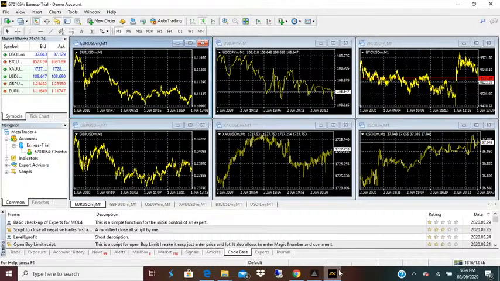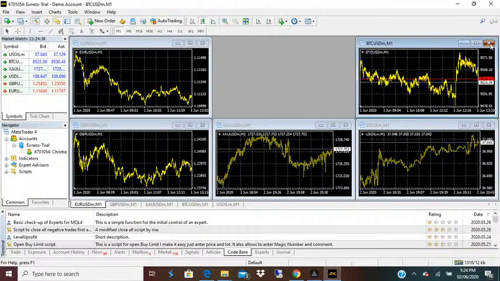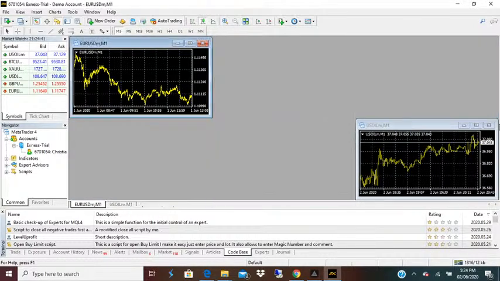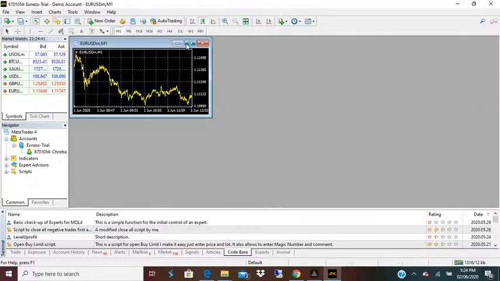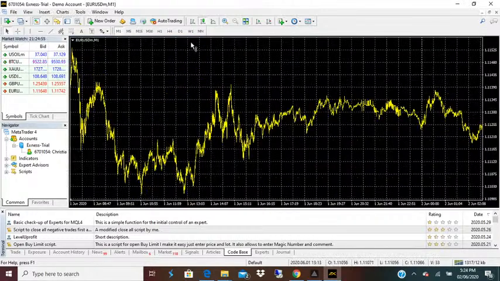So let's move all these charts, right? And I'm gonna keep one. Now you have the X, square and the dash. You know what those things represent by now, in forms to make up your screen, right?